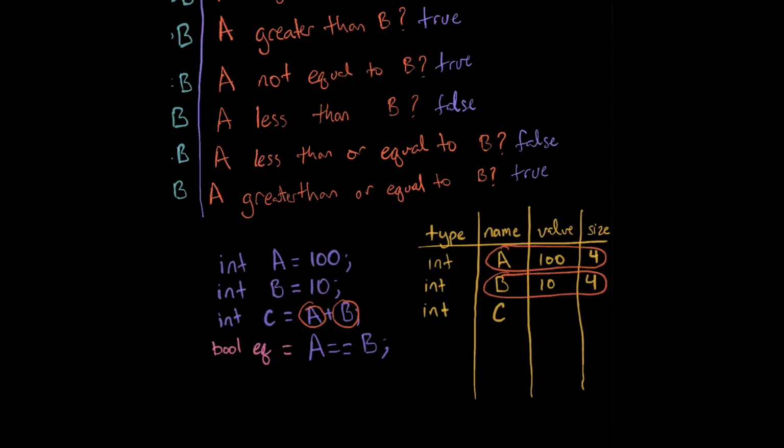When I apply the addition operator, I'm saying 100 with my plus operator and then 10 gives me 110. So I can go ahead and write down the value of C to be 110 with a size of 4 since it's also an integer.